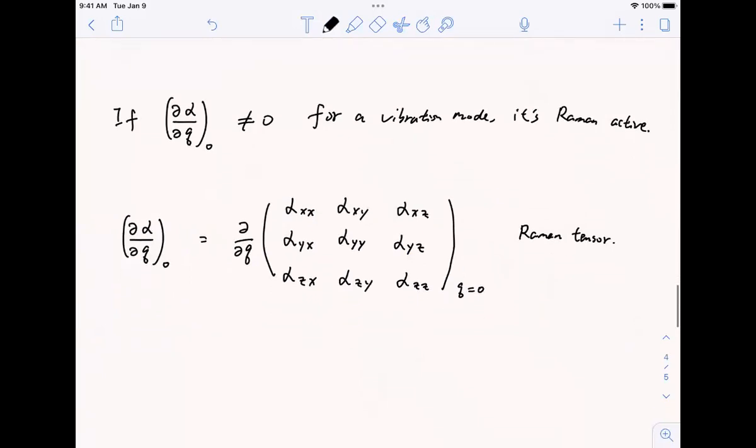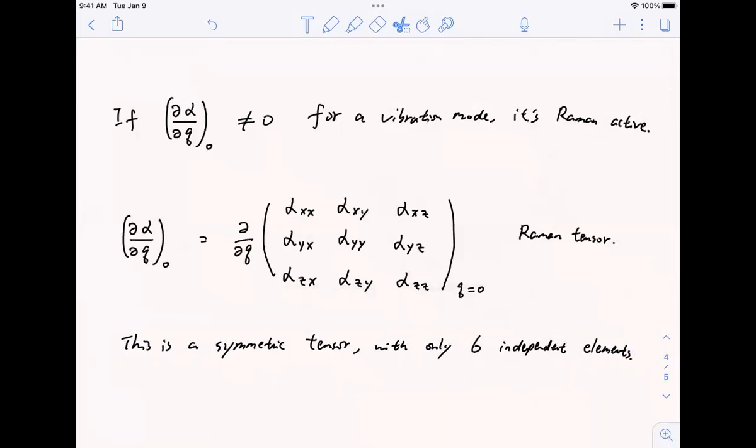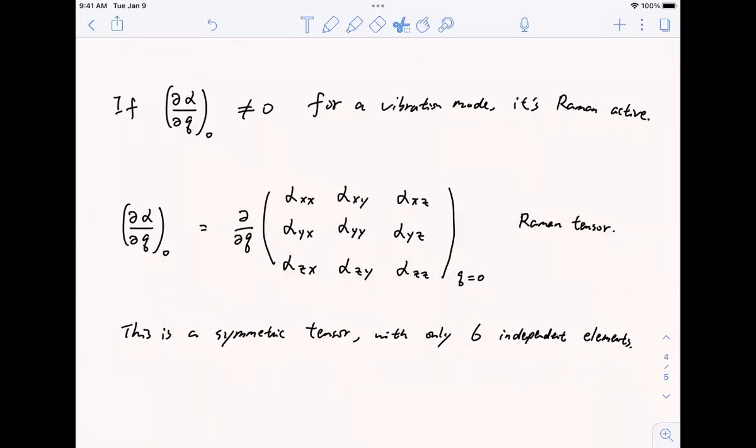And first, this is a symmetric tensor with only 6 independent elements. You can say some of the elements can be 0, some of them are not 0.